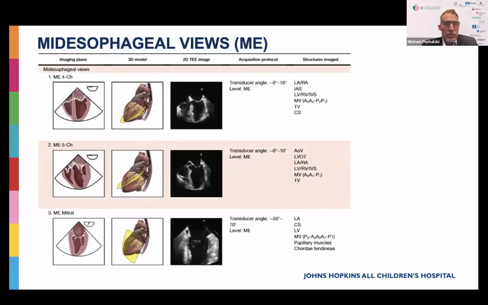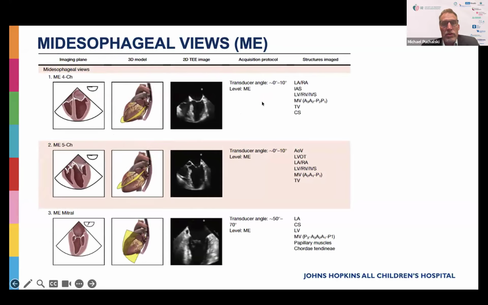So typically we recommended starting in the mid-esophageal plane, and what we considered our home base was the 4-chamber view. On the right-hand side of the screen, we talk about the transducer angle, and you'll see that change from plane to plane.